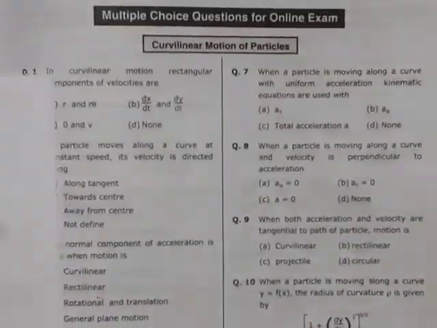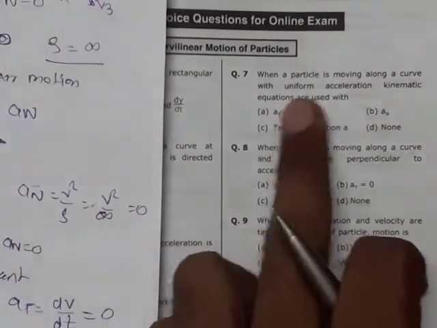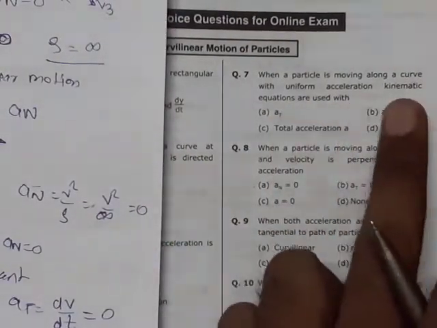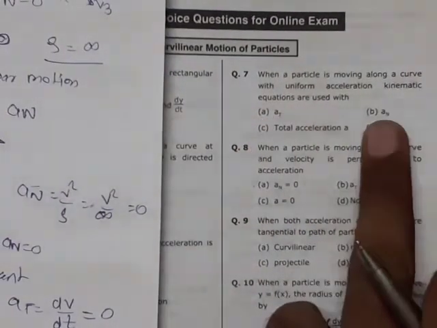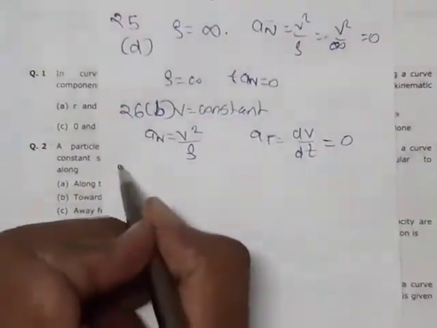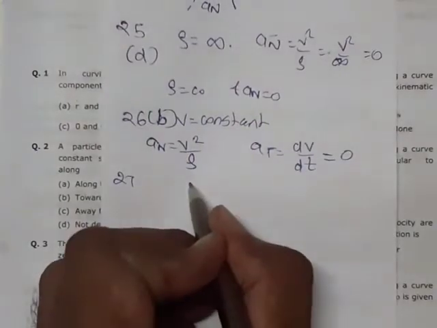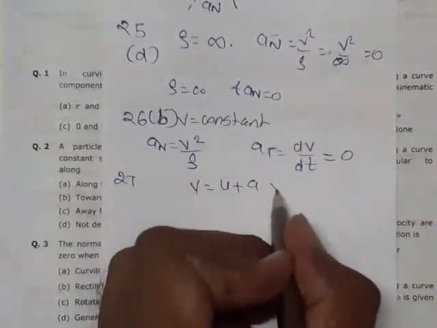Now let's see the 7th question. When a particle is moving along a curve with uniform acceleration, in the kinematical equations we should use either at, an, total acceleration a, or none. So what are the kinematical equations? We are talking about question 7. The first kinematical equation is v equals u plus a into t.